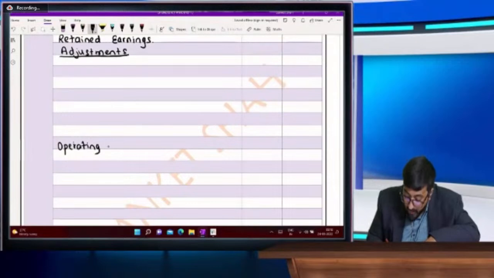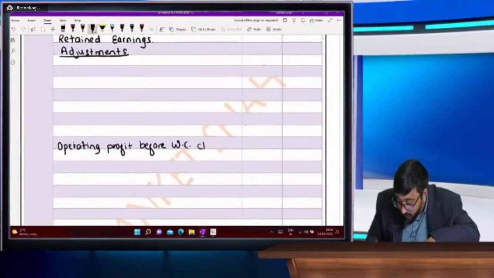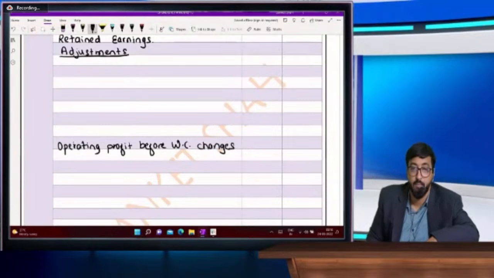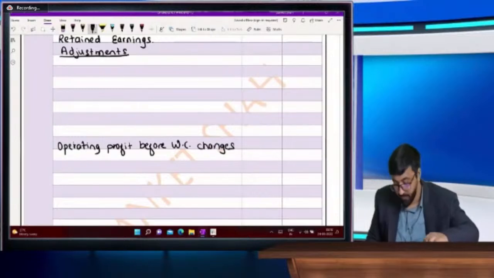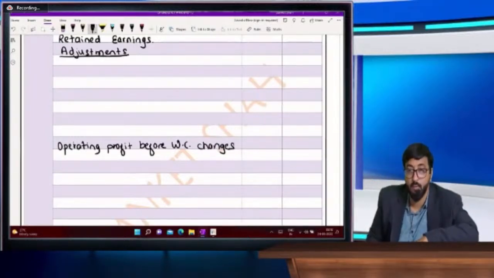It is called operating profit before working capital changes. Operating profit before working capital changes.